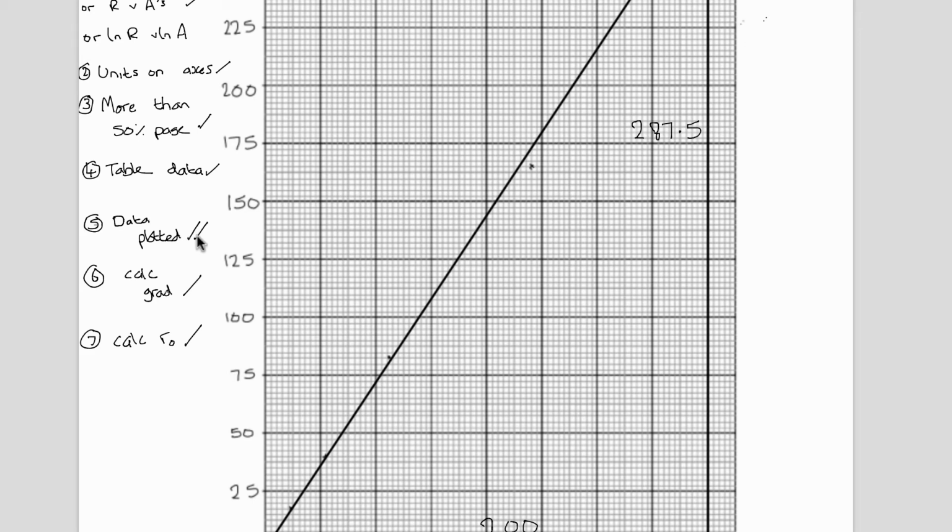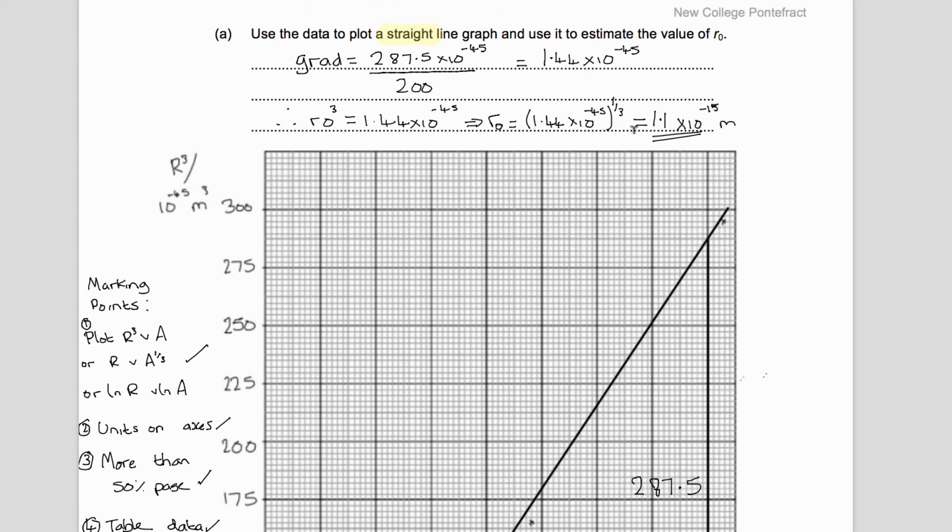You get 1 mark for correctly calculating your gradient, and what I'd really like to see is a really big triangle. If you don't draw that, it makes it much harder for the examiner to check where you've got your numbers from. And finally, your final 8th mark is for actually calculating R0 correctly. You should get something in the region of 1.1 times 10 to the minus 15 meters. You're allowed somewhere between 1.0 and 1.2.